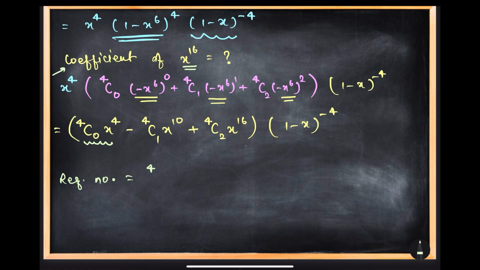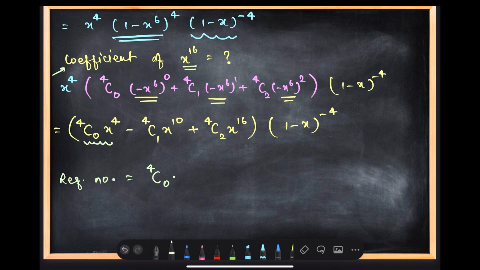So team A has the coefficient 4c0. Wait a moment. So it is 4c0. Now from team B we will ask whom to come? We will ask for x to the power 12, so C will have the lower subscript 12. And the upper subscript will be n plus 1 less than the lower subscript.